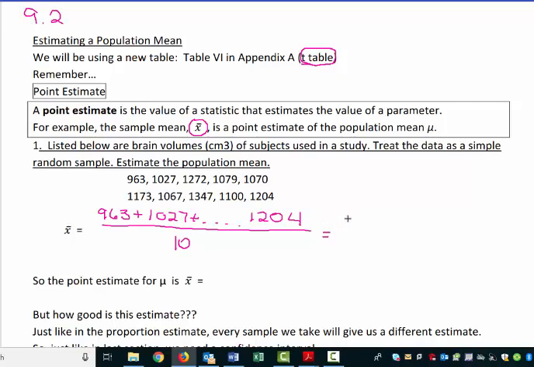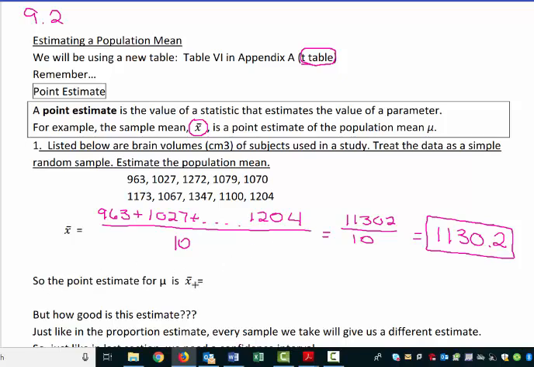When you add them all up, you're going to get 11302 divided by 10. That is going to give us 1130.2. Okay, so from this sample, that is the mean, the average of the sample.